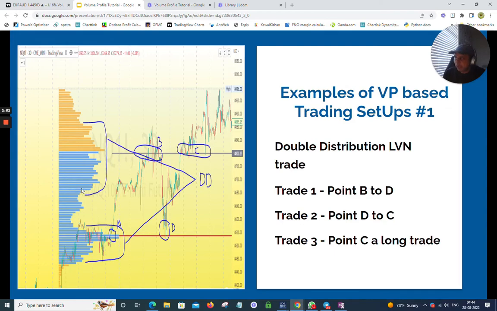Then the prices tend to make some level of understanding within that period.